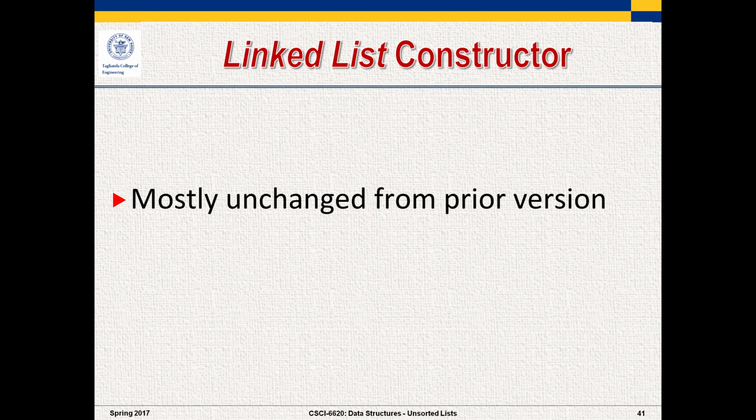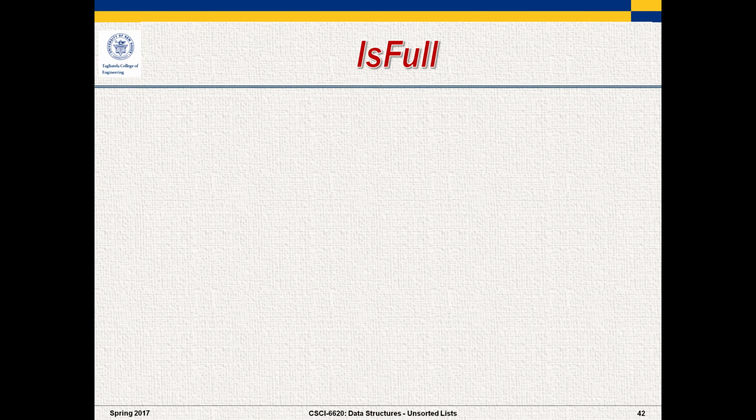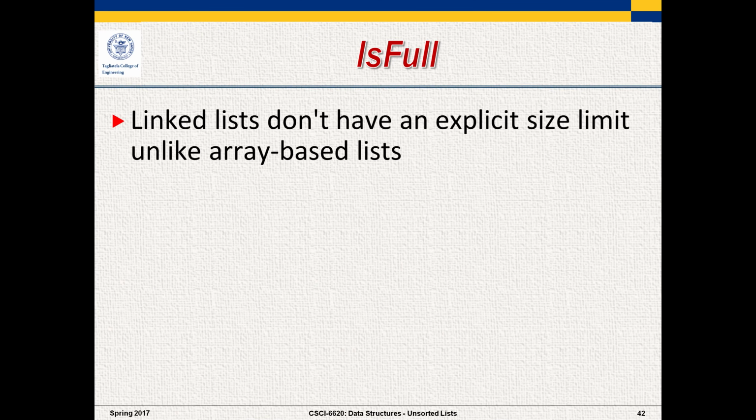The constructor, if we start to look at the C++ implementation underneath, is mostly unchanged. We're going to set the length to 0, and of course we have to set the external pointer, that is list data, in this implementation to null. IsFull is another one of the operations that our ADT provides via its contract with the users.